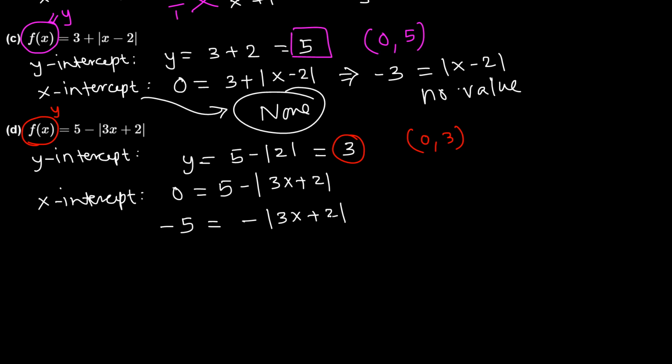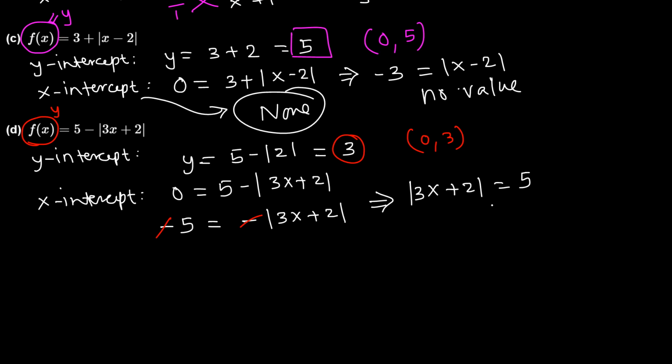We can multiply both sides by negative 1 and it becomes positive, or we can divide by negative 1. In either case, the negative is gone. Or we could have moved this absolute value term to the left side, then the negative is gone. Anyway, let me write it here: on the left-hand side, the absolute value of 3x plus 2 equals 5.